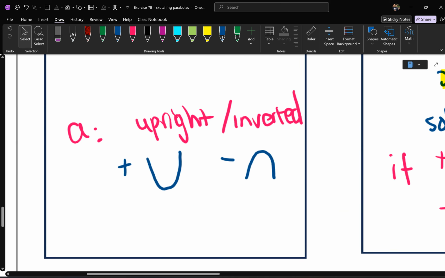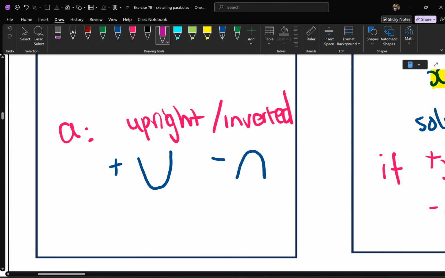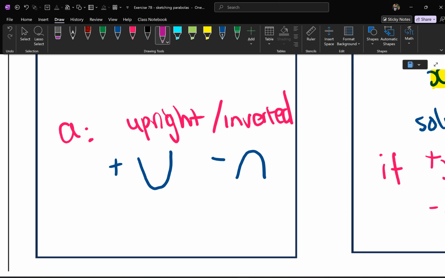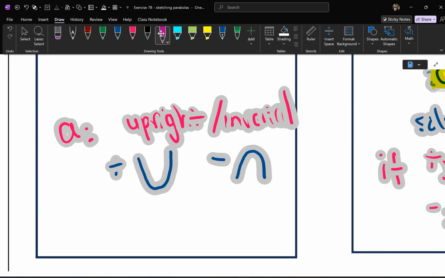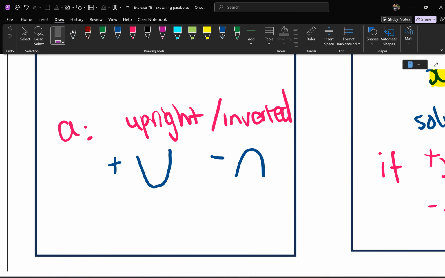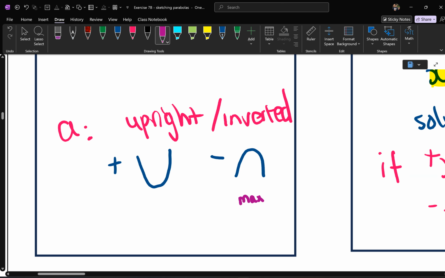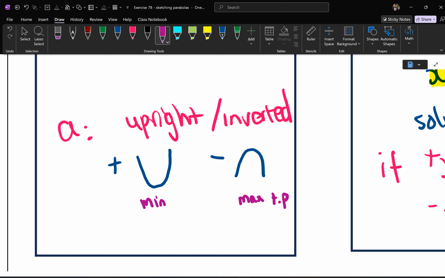But what's the proper name for the upright shape with the turning point? Andrea? Good. So which one's which? The maximum is inverted and minimum is upright. Very good. This is the maximum turning point, TP for turning point, and minimum turning point. Because you can see in the graph it reaches the smallest value you can get, goes back up, and it goes up infinitely.